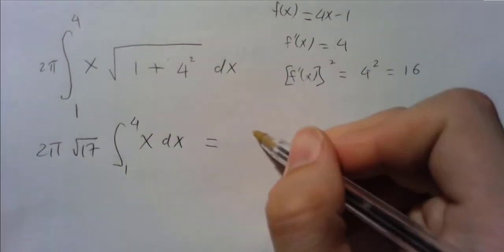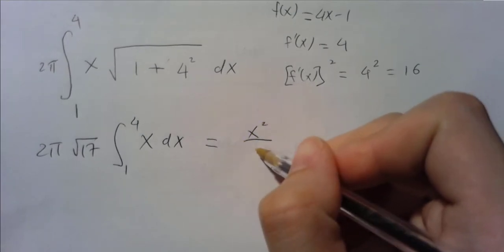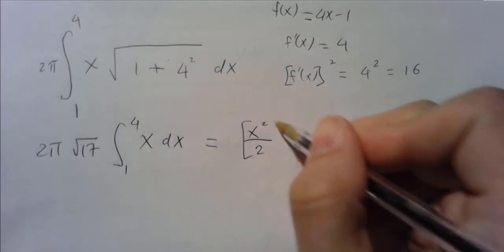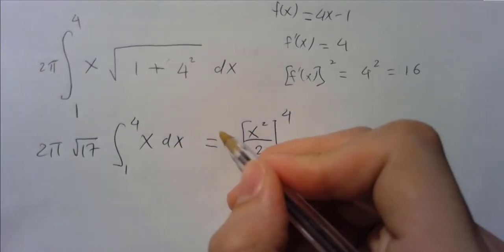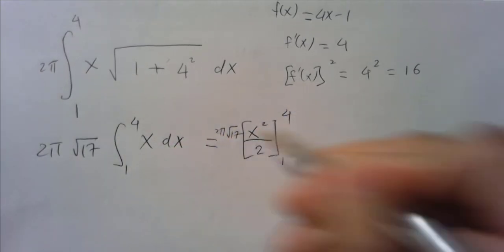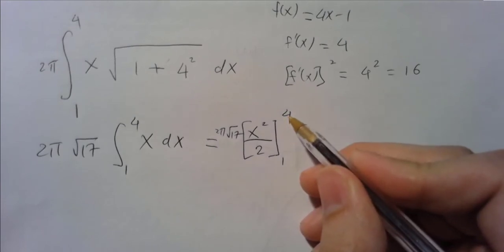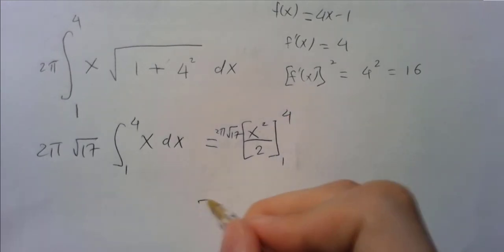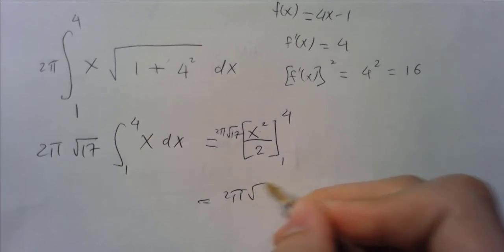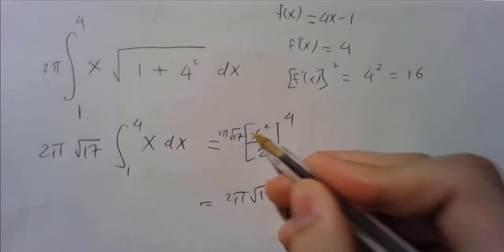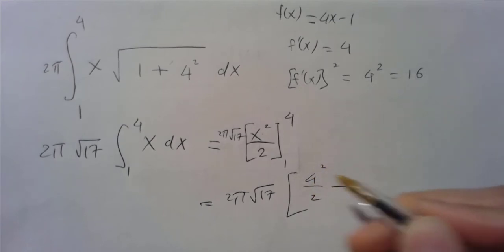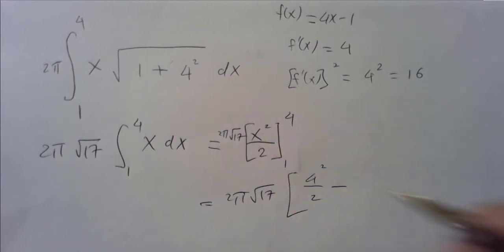This is the power rule, so x squared over 2, and then we evaluate from 1 to 4. We still keep the 2 pi and the square root of 17 outside. Then we plug in 4 for x, subtract, and plug in 1 for x.